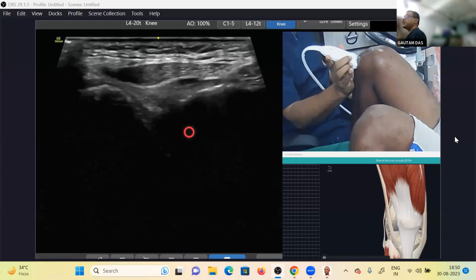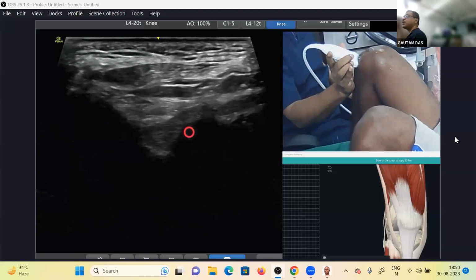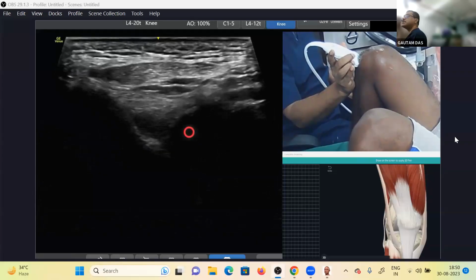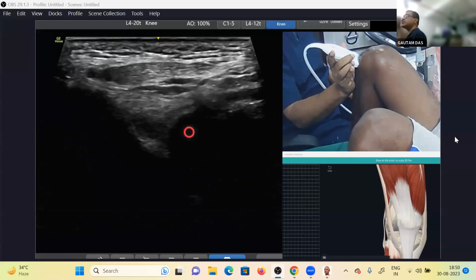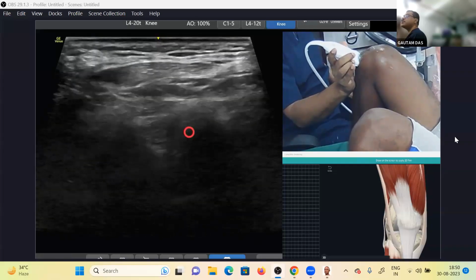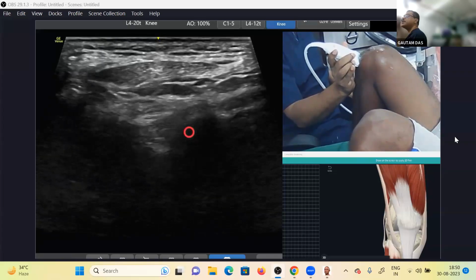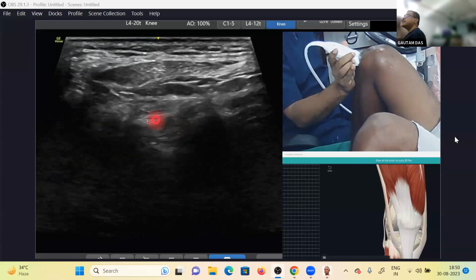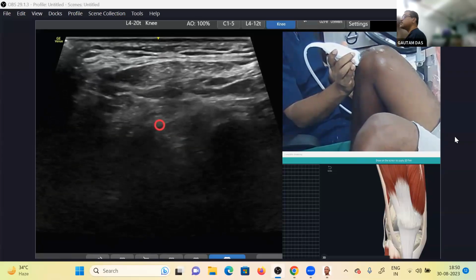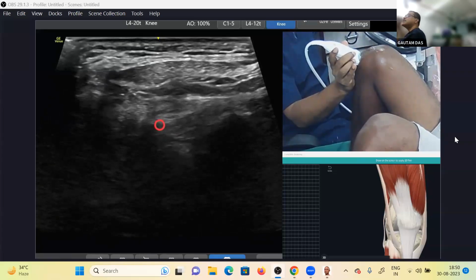So you should always remember that not all the structures will be looking hyper or hypo at the same time. At this position, I am seeing the transverse meniscal ligament very nicely, but the cross section of the ACL is not seen nicely. But now if I am tilting the probe at this V, now this is part of your ACL.